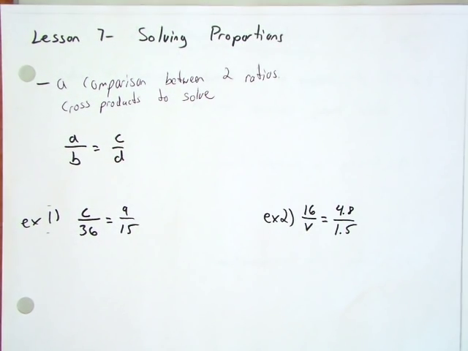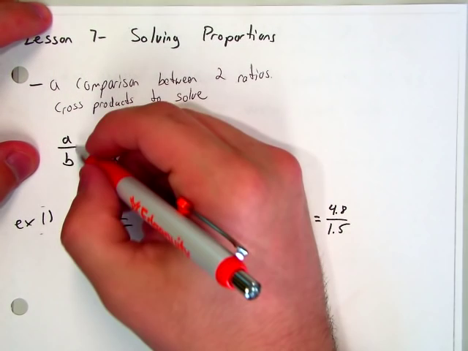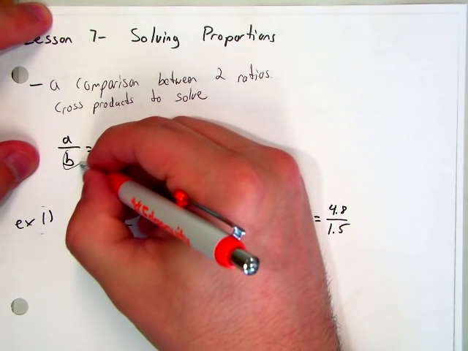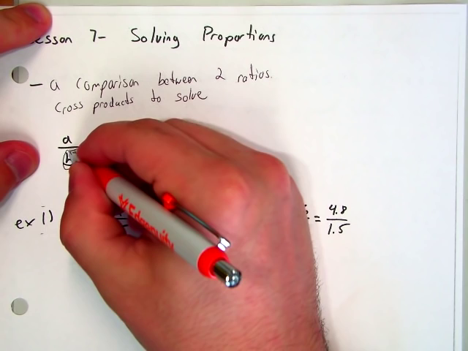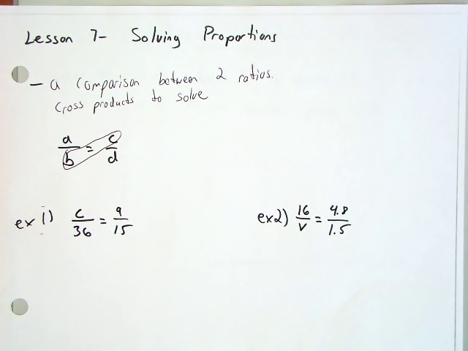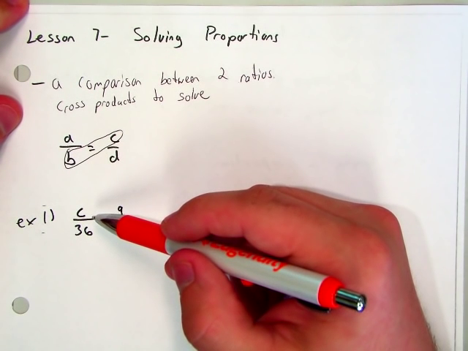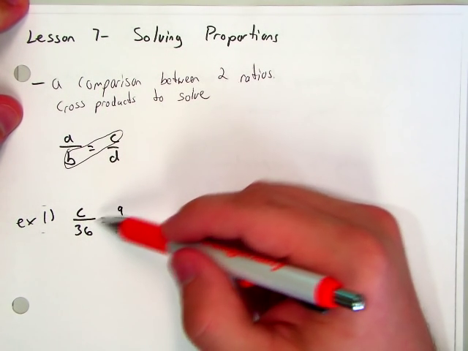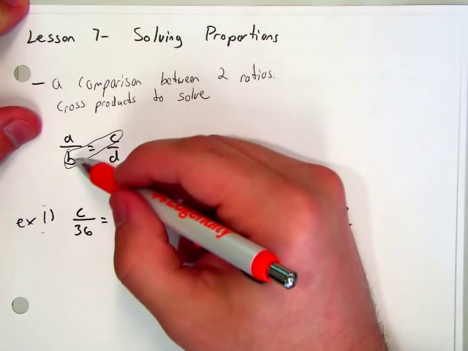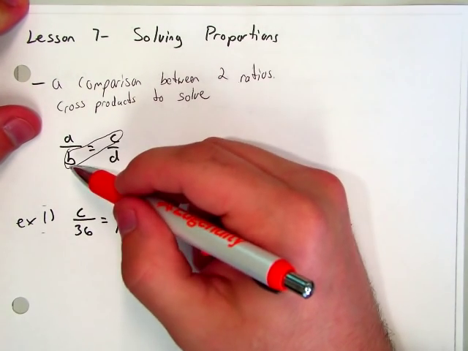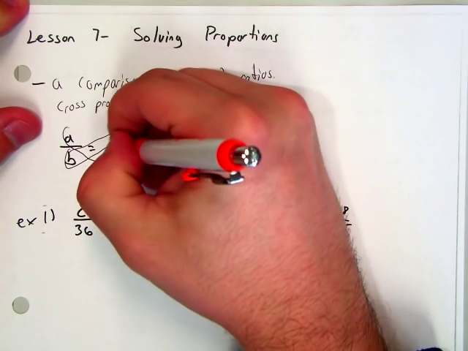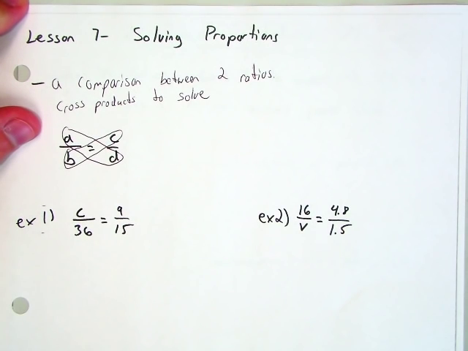So what I mean by cross products is when you multiply to figure out if a proportion is actually proportional, or if you are trying to find a missing part of a proportion to make sure that it is proportional, we multiply diagonally. When we're done multiplying, it looks kind of like an X or a cross.